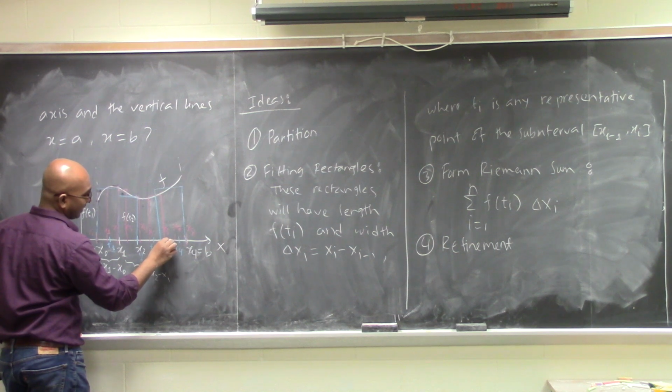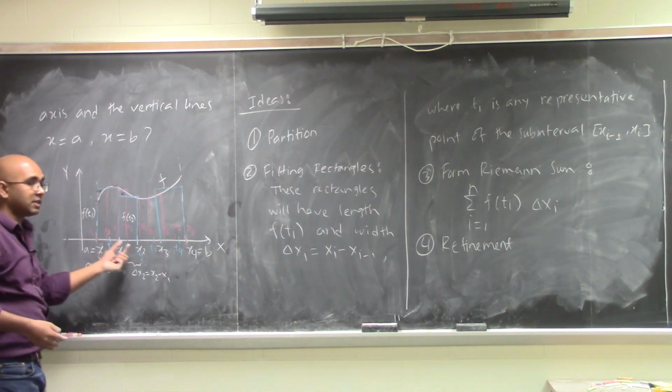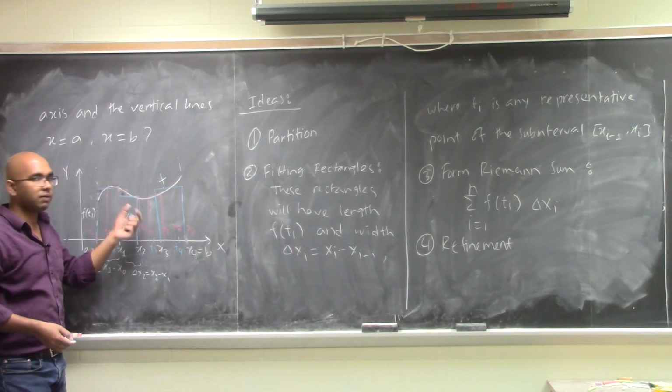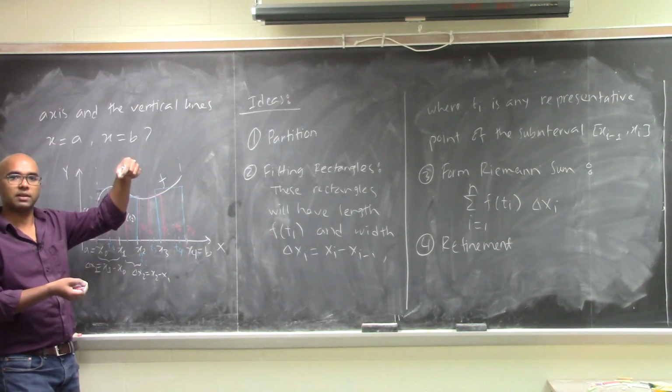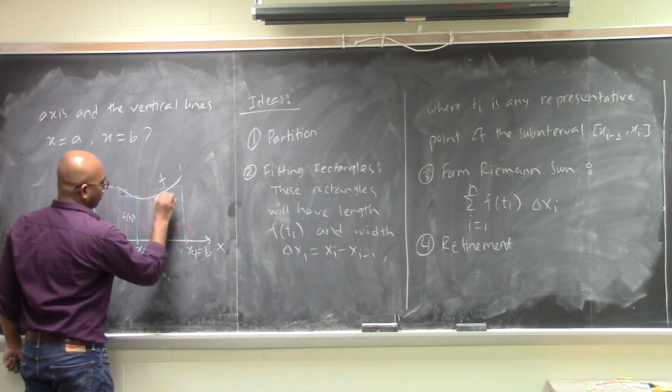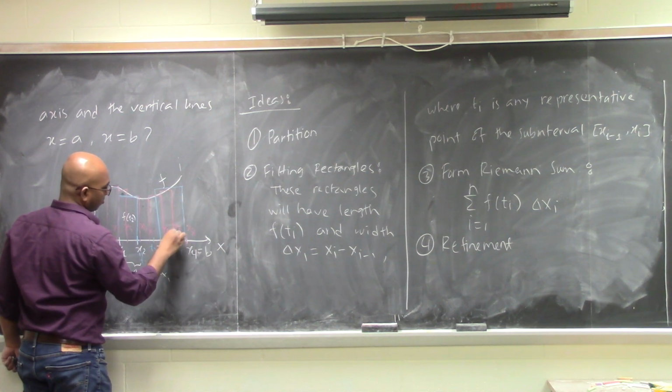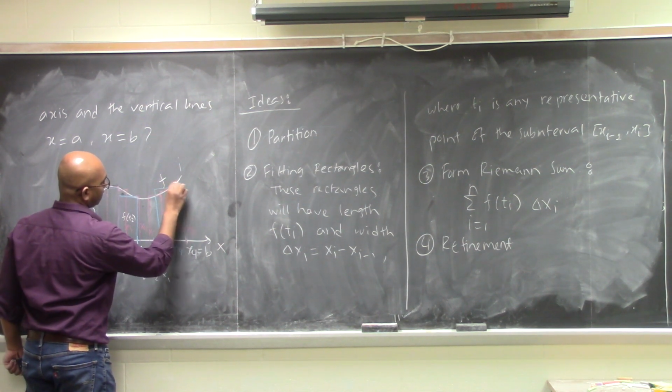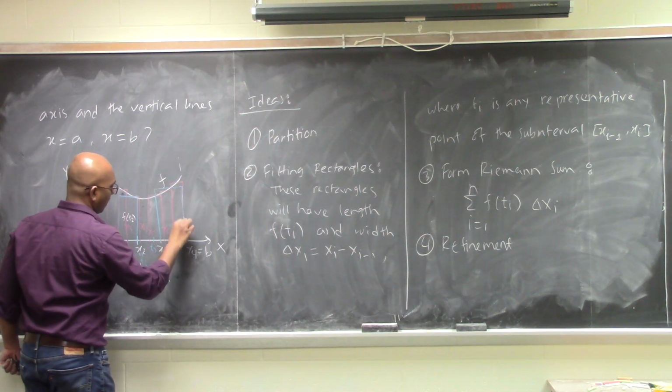Okay, we are choosing representative points, and then we are evaluating our functions at those points. That gives us the height of the rectangles. And say this one, and say this one. Okay, all right.